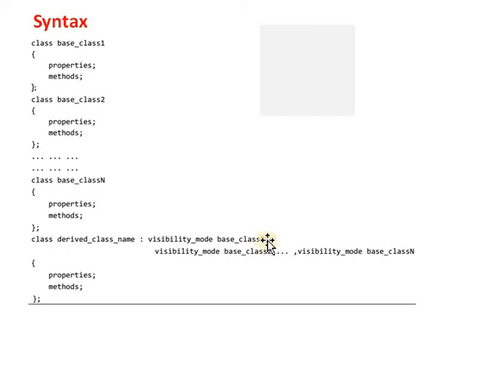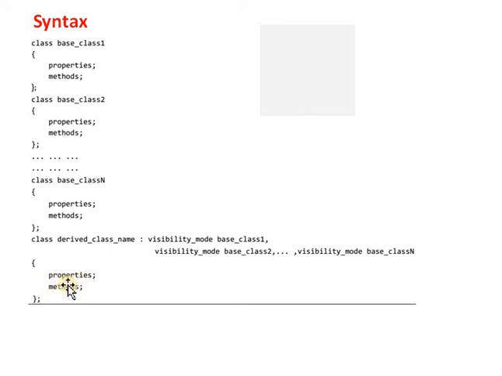Then after the comma operator, again we use a visibility mode, and by using that visibility mode, again we inherit a second base class. In this way, we derive up to the nth base class. Then in that derived class, we write its properties and methods.